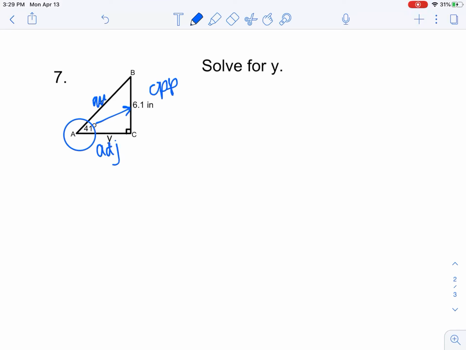So we don't have to worry about x at all for this problem. So since we are working with our adjacent side and our opposite side, we would want to use the tangent function. So we can say that the tangent of angle A equals our opposite side divided by our adjacent side.